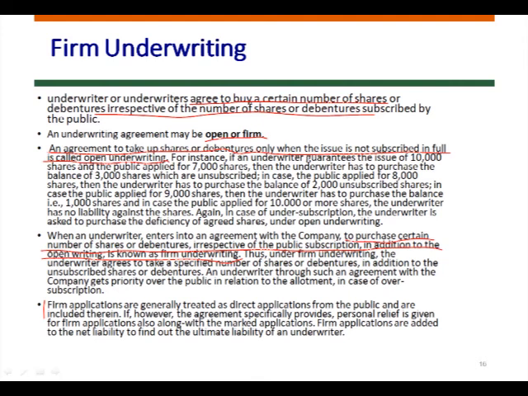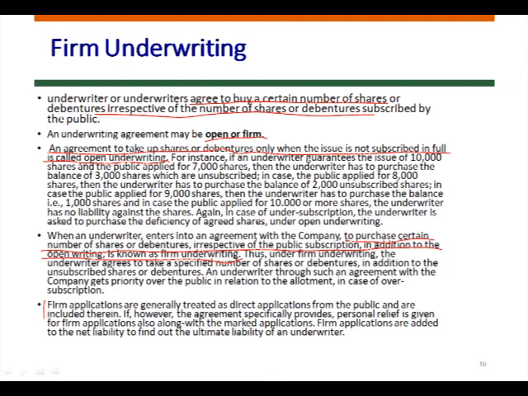But when an underwriter enters into an agreement with the company to purchase a certain number of shares or debentures irrespective of public subscription, in addition to open underwriting, it is known as firm underwriting. Now this is clear that they will be buying it. Thus, under firm underwriting, the underwriter agrees to take a specified number of shares or debentures in addition to the unsubscribed shares or debentures.